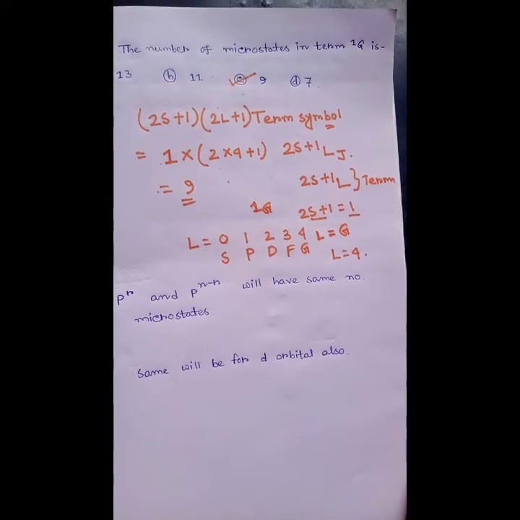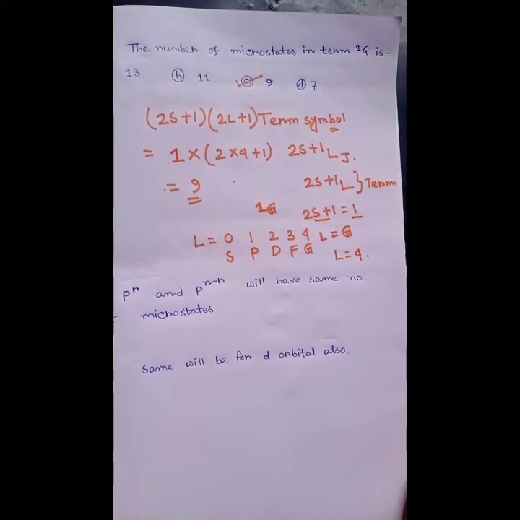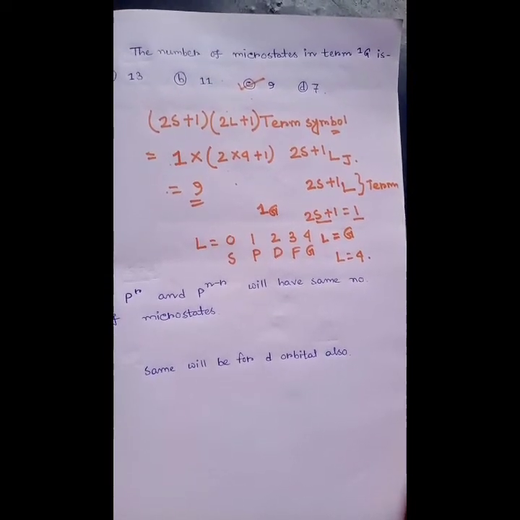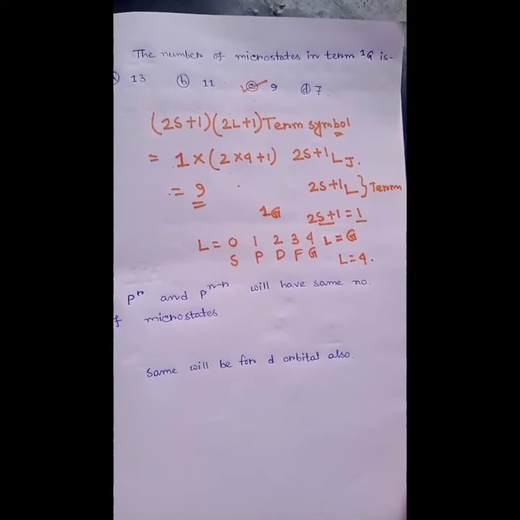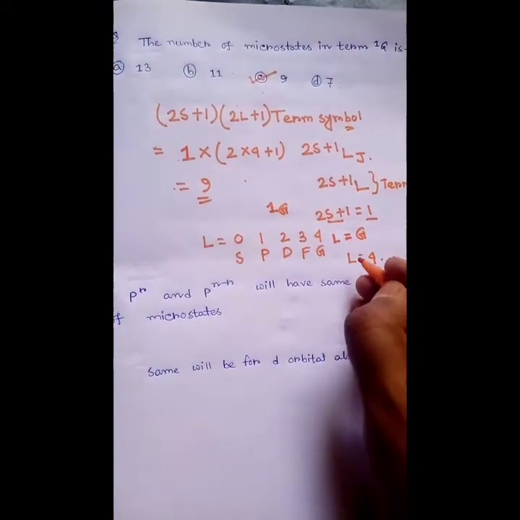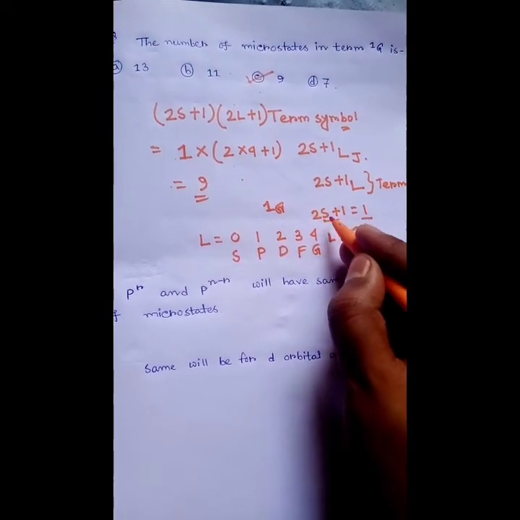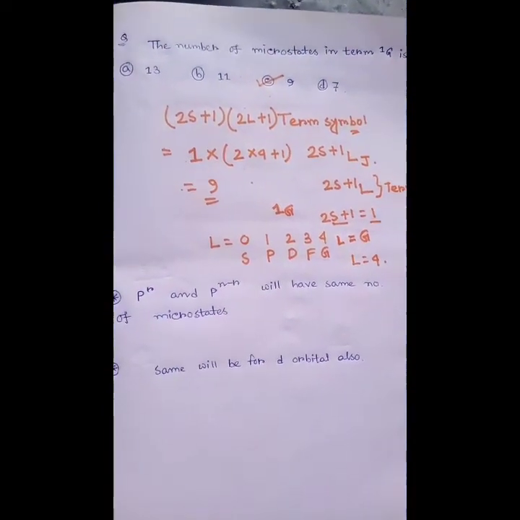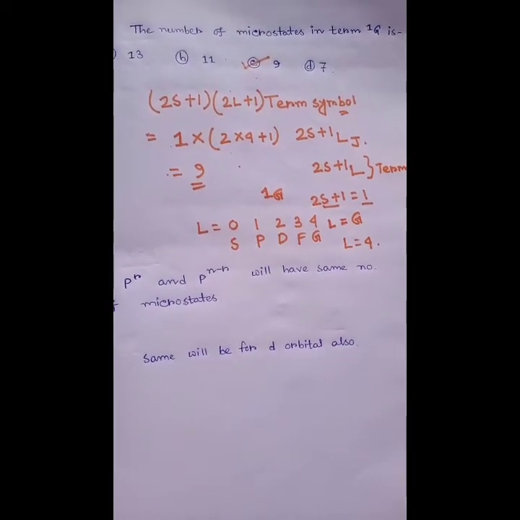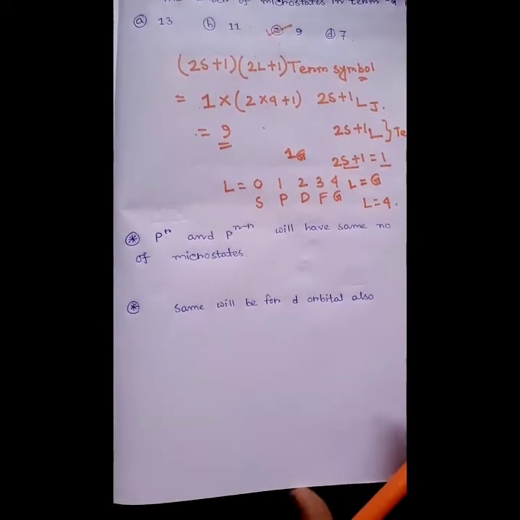I did the comparison and got that the L value is 4 and 2S+1 is 1, and I put those two values in the equation (2S+1) into (2L+1) to calculate the microstates. Here L is the resultant angular quantum number and 2S+1 is the spin multiplicity. When I discuss the term symbol again, I will discuss these things. This question was very important.